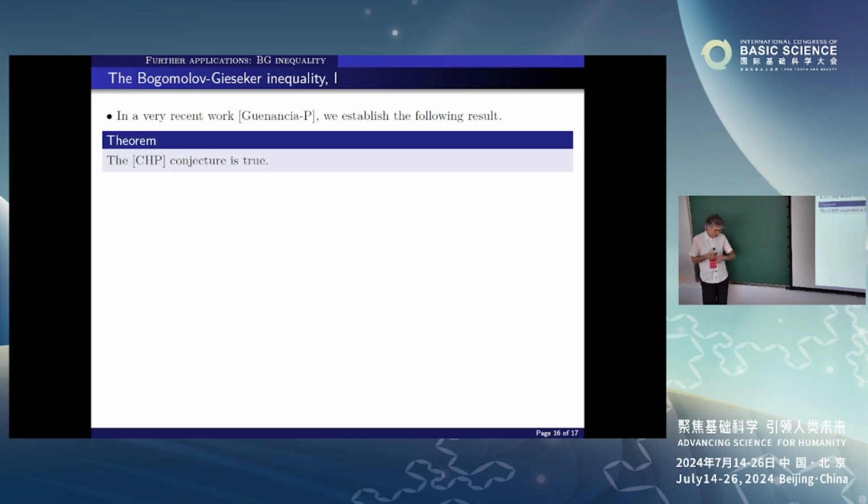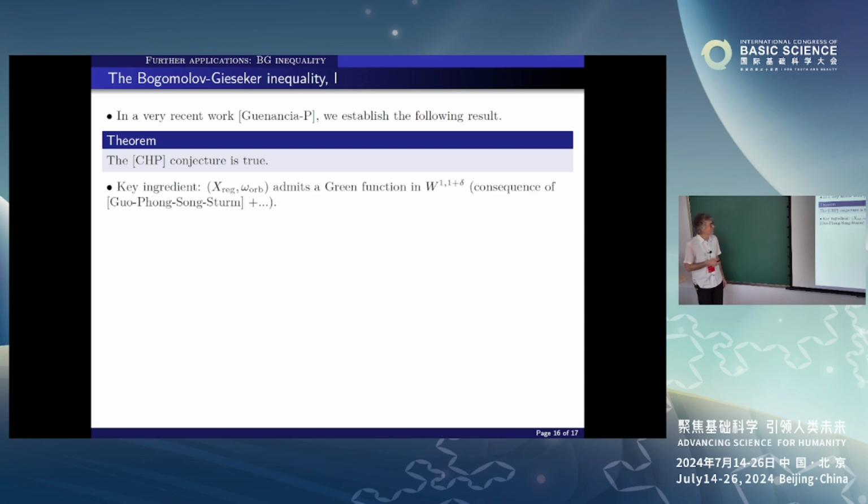Now, to end my talk, I will say a few words about the proof of this. The key ingredient here, once again, is that this regular part of X endowed with the orbifold metric admits a so-called Green function, which is the function that you know. But moreover, it is in the space W^{1,1+δ}, and this is exactly the work of these people plus epsilon, plus some additional work.